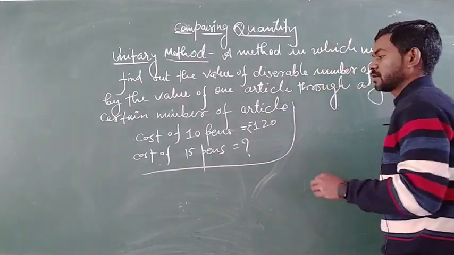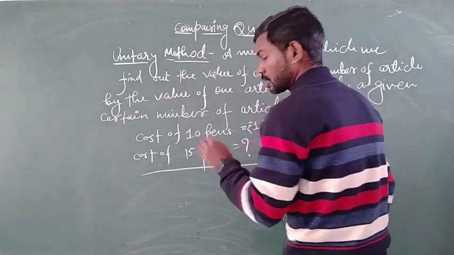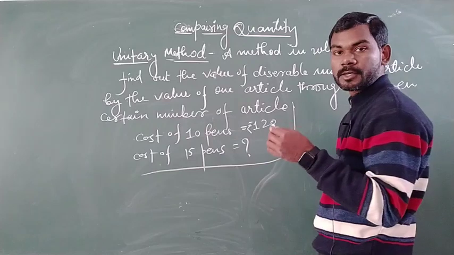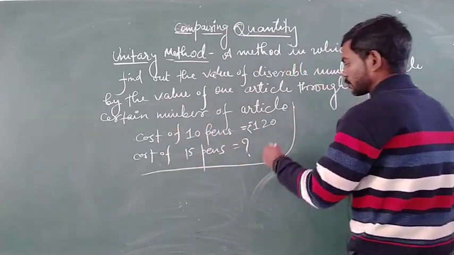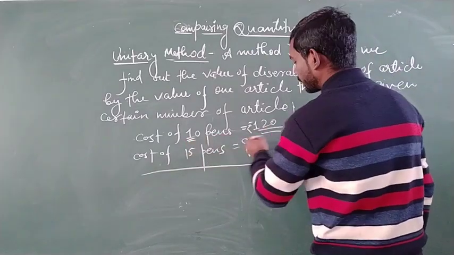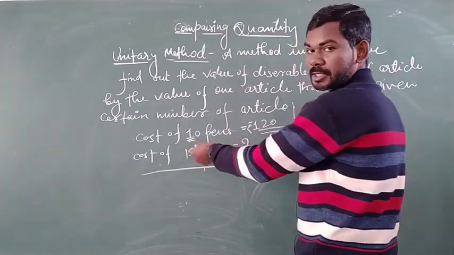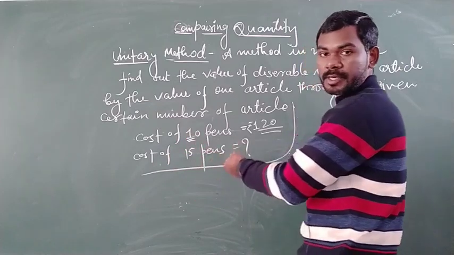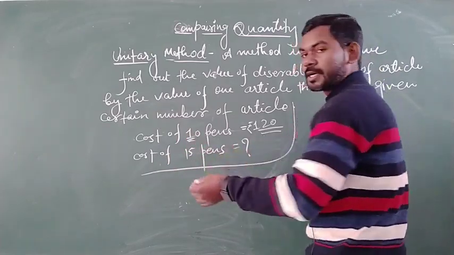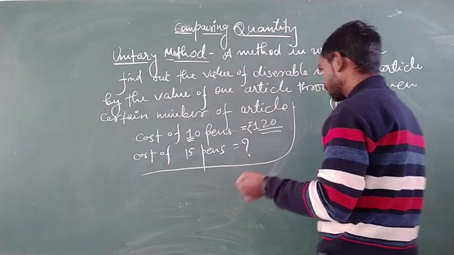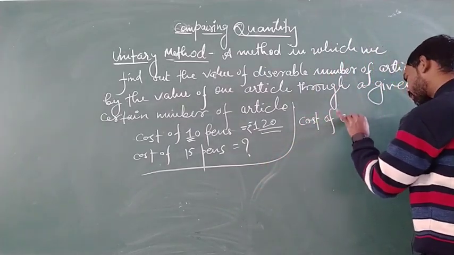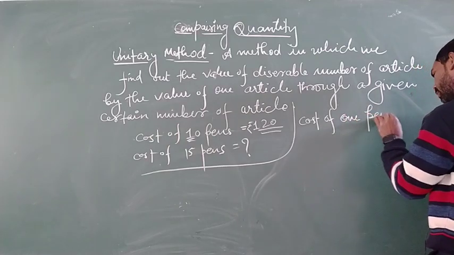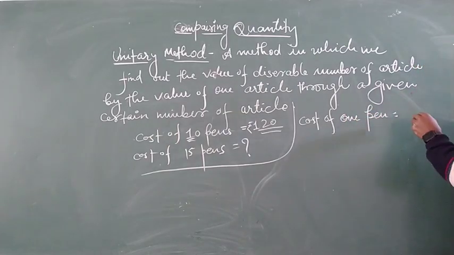In order to find the value of a unit article, we have to divide the given value by the certain number of articles. The number of pens is 10 and the value of 10 pens is given as 120 rupees. So the cost of 1 pen will be equal to 120 upon 10.